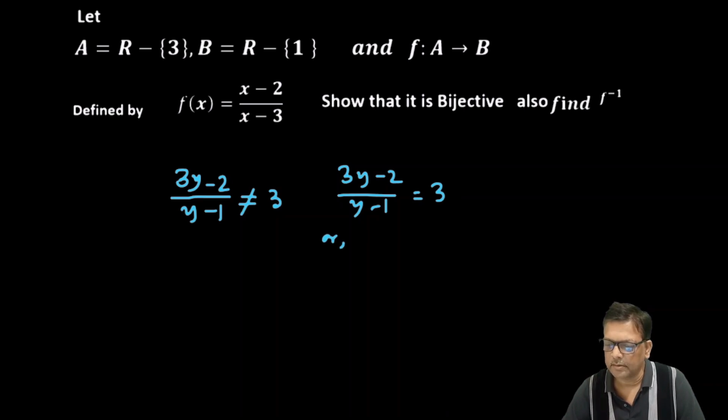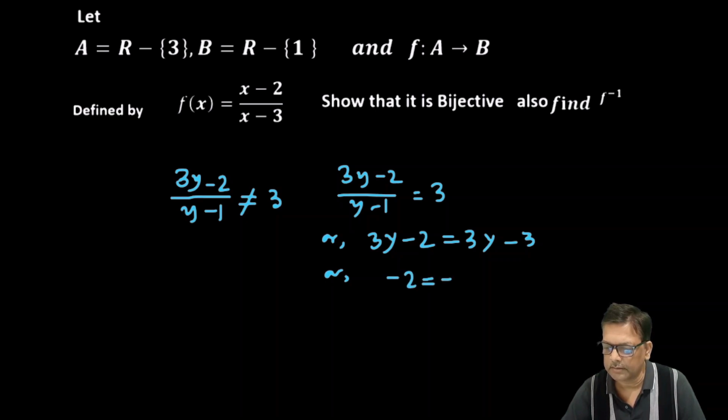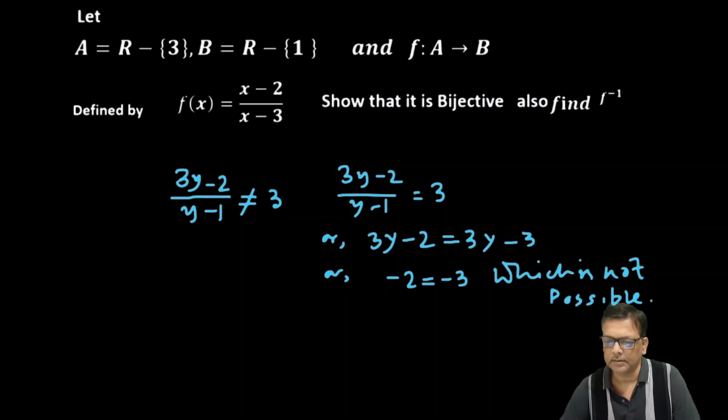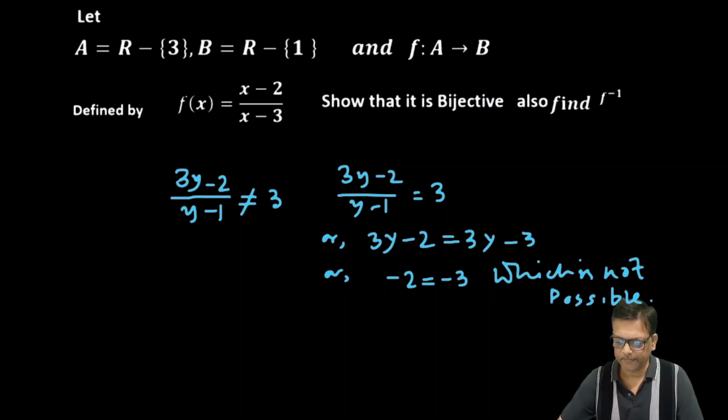So you have 3y minus 2 equal to 3y minus 3. That is, minus 2 equal to minus 3, which cannot be possible. So this condition which is given here in this question is also fulfilled.